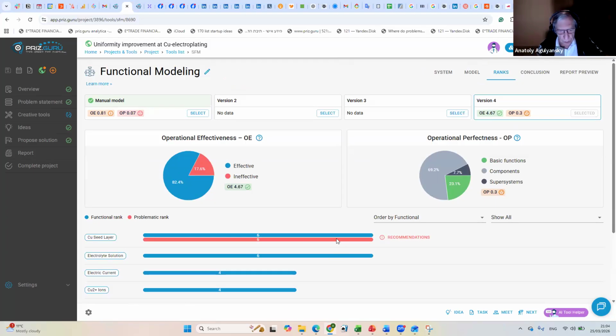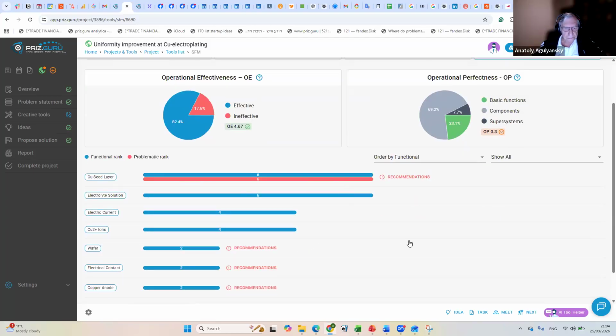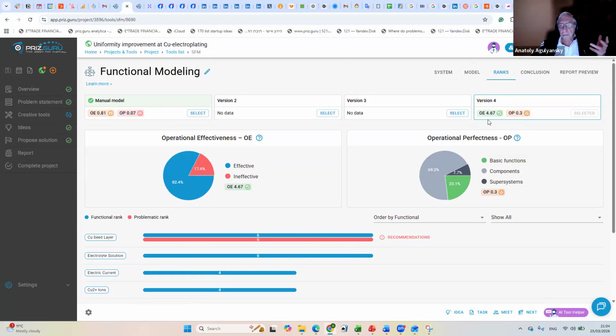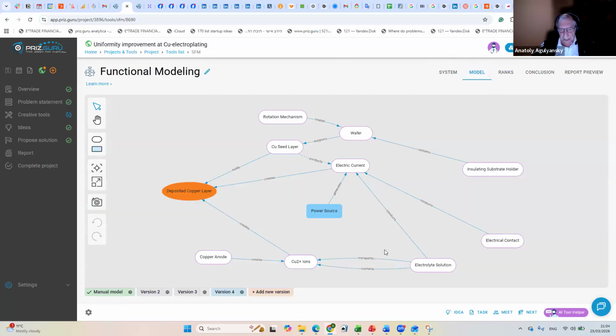We should work on this model, but it defined the seed layer, right? So this way we already have something to start working with.